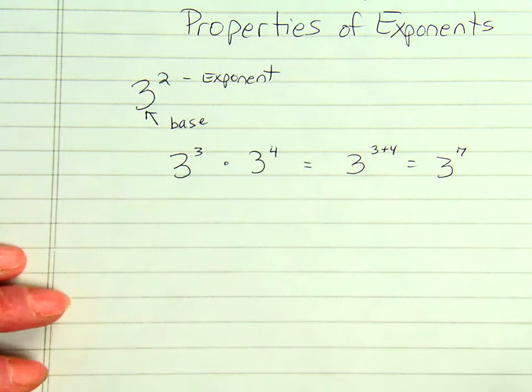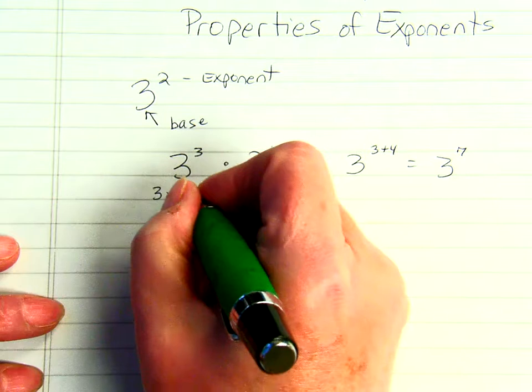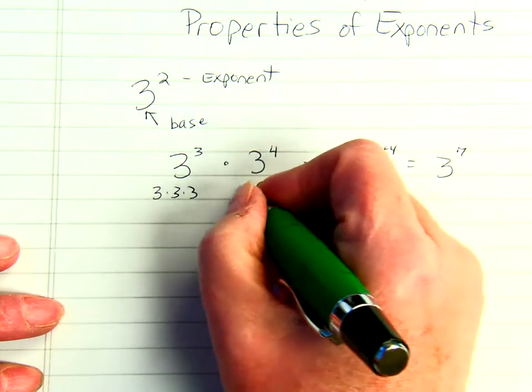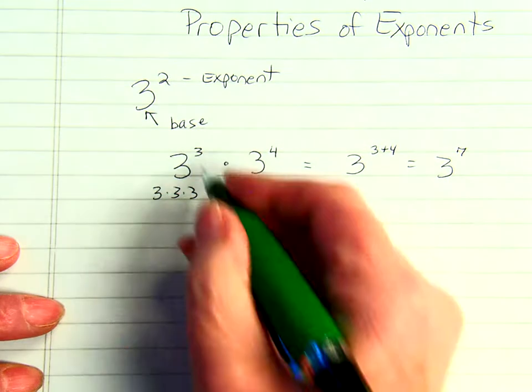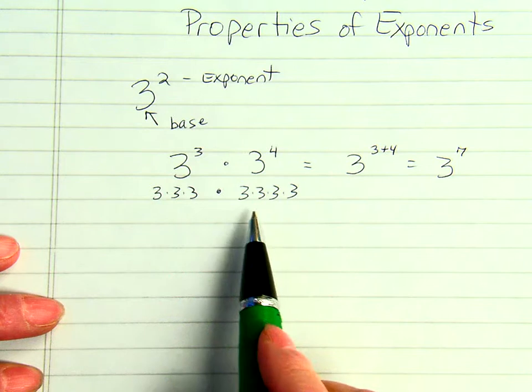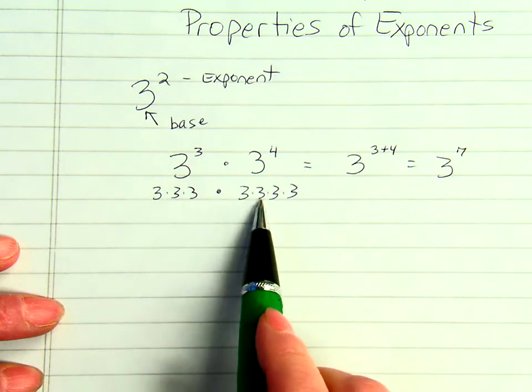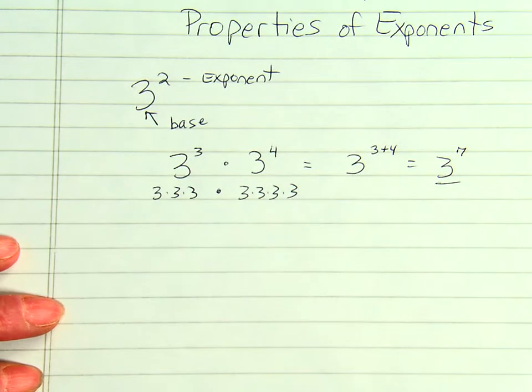Just very quickly, let's look at that. 3 cubed, that's 3 times 3 times 3. 3 to the 4th, that's 3 times 3 times 3 times 3. And then you are multiplying everything together. So if you were to look at it that way, you would say 1, 2, 3, 4, 5, 6, 7, and I would have 3 to the 7th power.